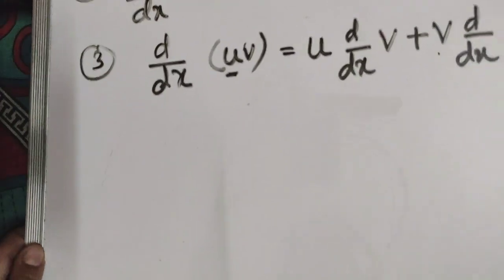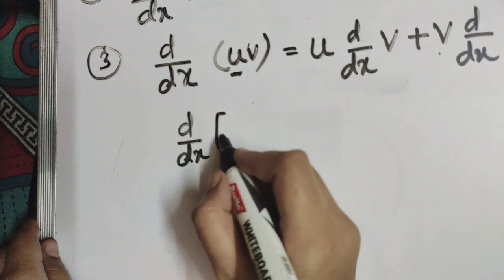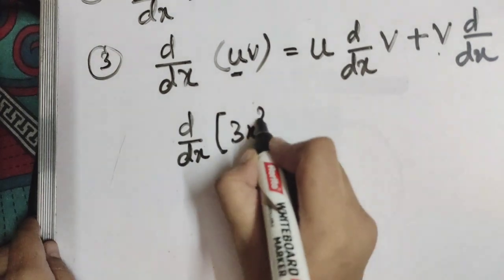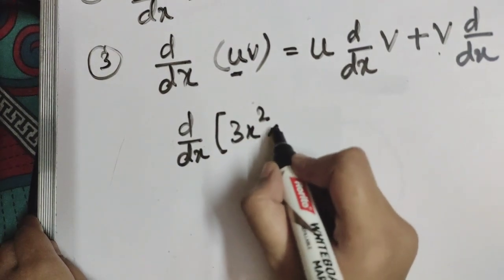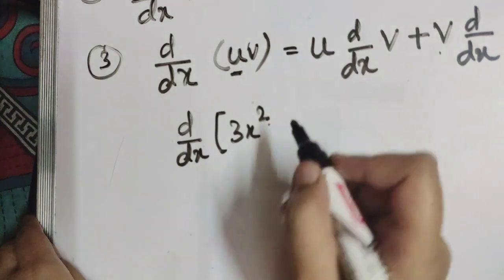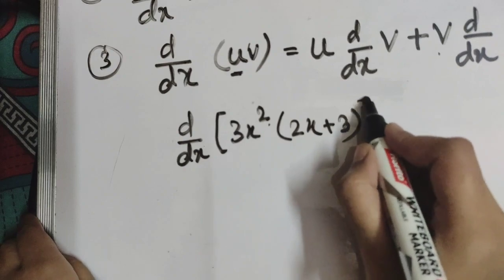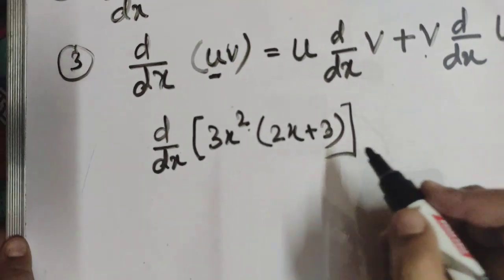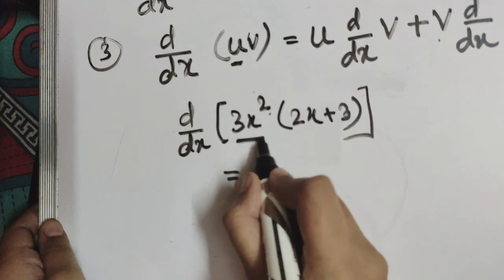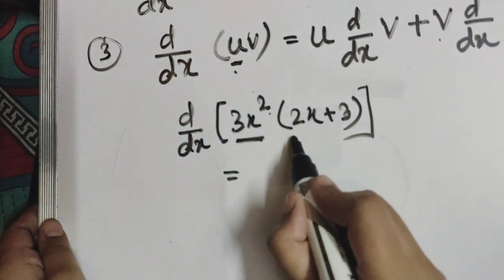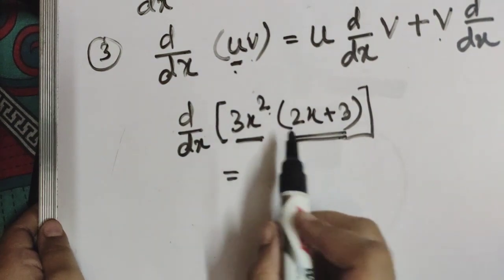Okay, for example, if there is d/dx of, let's say, 3x square into 2x plus 3, right? Then how can we approach it? Let's say this term 3x square is u, and this term 2x plus 3 we treat as v.